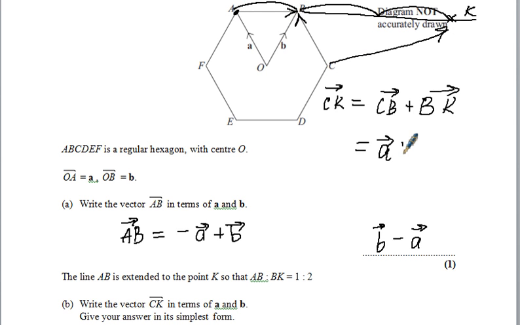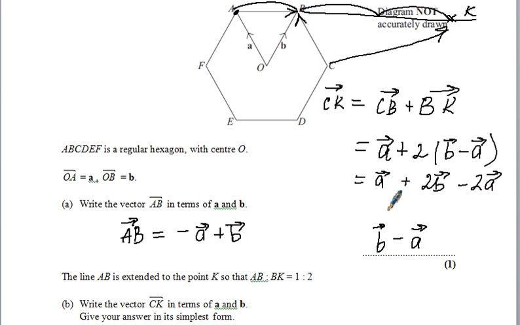So I can replace BK with 2 vectors AB, which is B minus A, right? And now opening the brackets, A plus 2B minus 2A will make my answer 2B minus A.